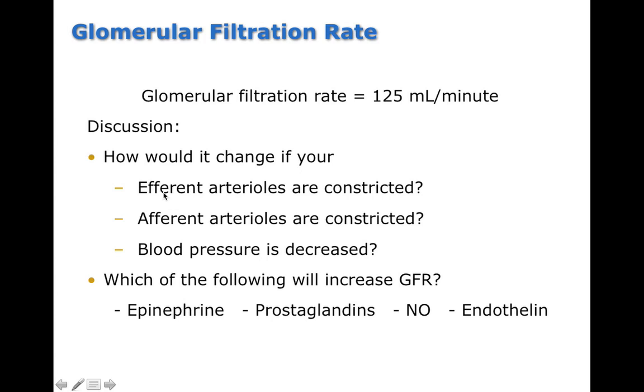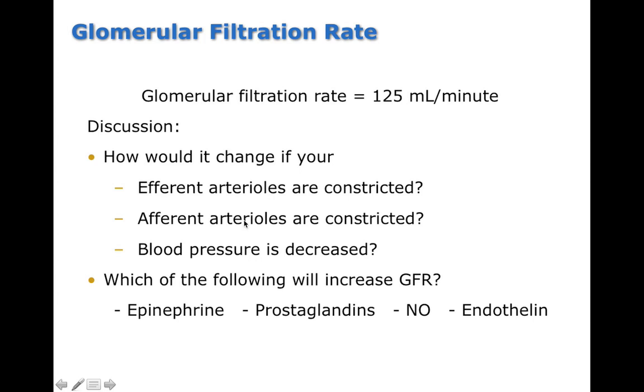Remember, the efferent arterioles are what carry blood away from the glomerulus. So if these efferent arterioles constrict, blood's going to back up into the glomerular capillaries and increase capillary hydrostatic pressure. And if you increase capillary hydrostatic pressure, you're going to actually filter more. So constriction of the efferent arterioles would actually increase glomerular filtration rate.